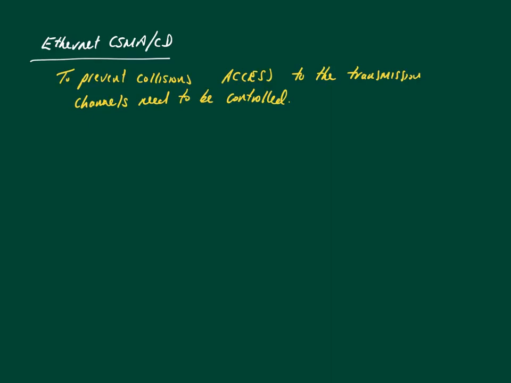So this idea of Ethernet CSMA CD is a strategy for preventing collisions, and what this does is it controls the access to the transmission channels. CSMA CD stands for Carrier Sense Multiple Access with Collision Detection.